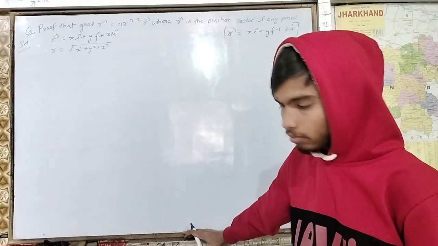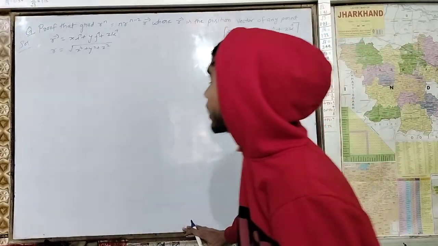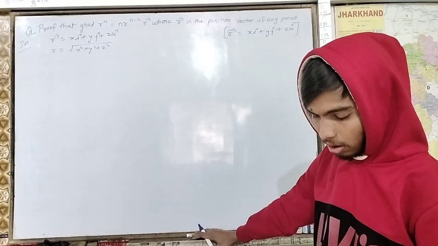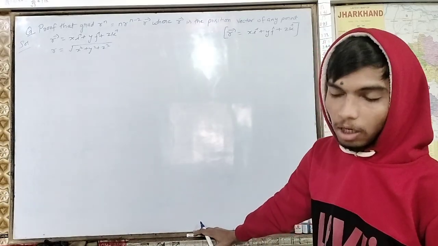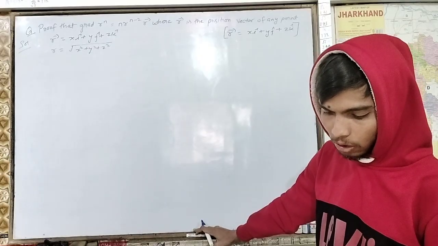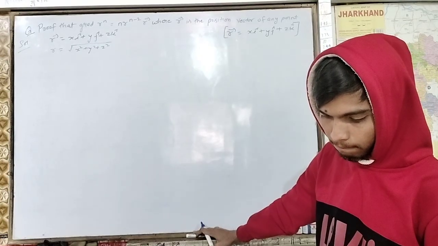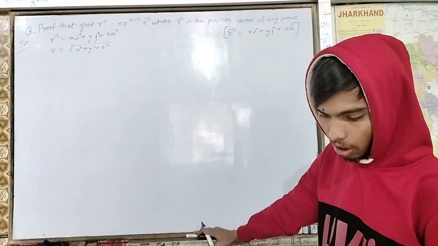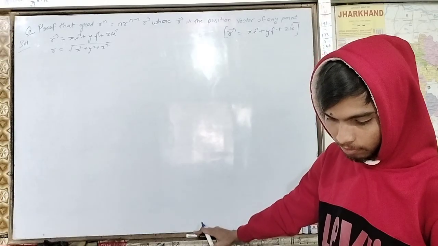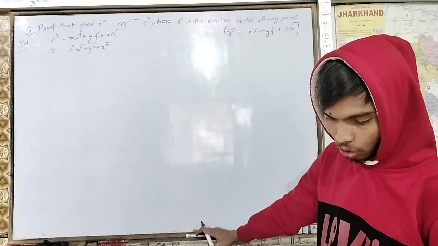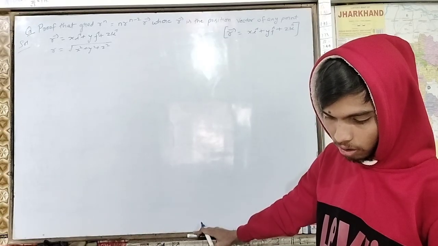Then we have value of r, and just put n over here. So this will become n by 2. 1 by 2 will become n by 2, and then everything will be same. n by 2 will come downward. x square.